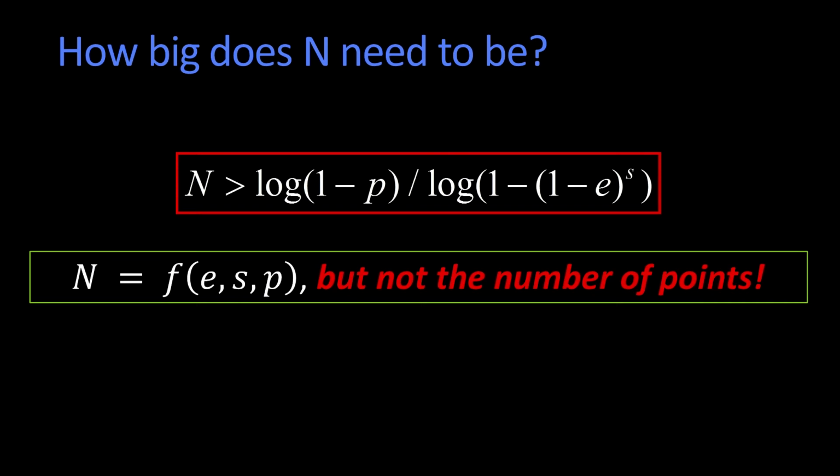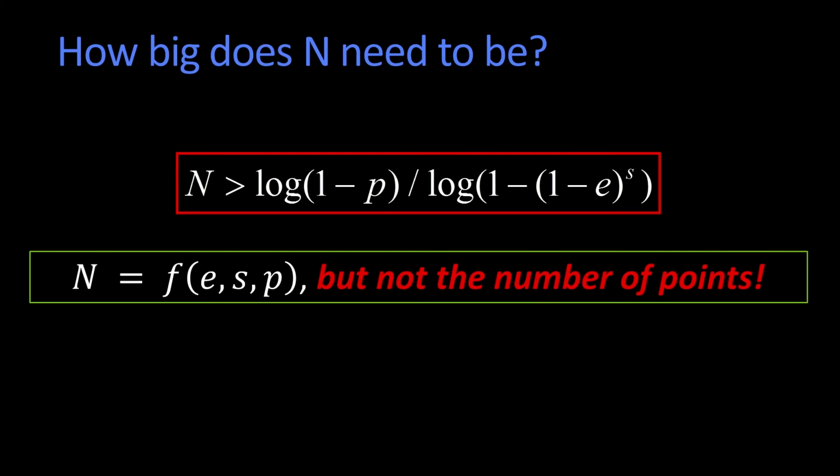Notice what's not in there is the number of points in the image, or the number of features. So you may have 10,000 or 1,000 or 100 or 500 putative matches, let's say, for a transform. Remember all those red lines that were going back and forth? The number of samples you have to draw has nothing to do with the number of possible matches that you're looking at.